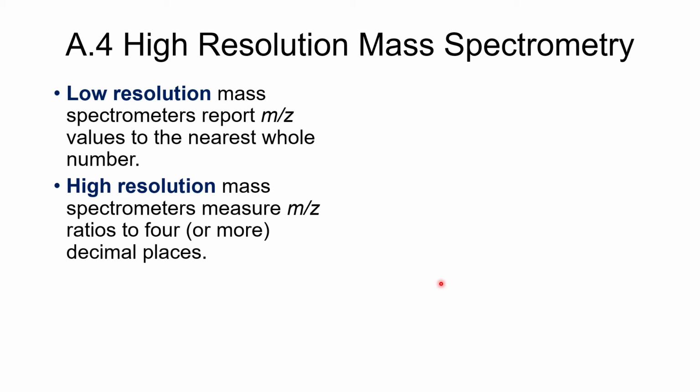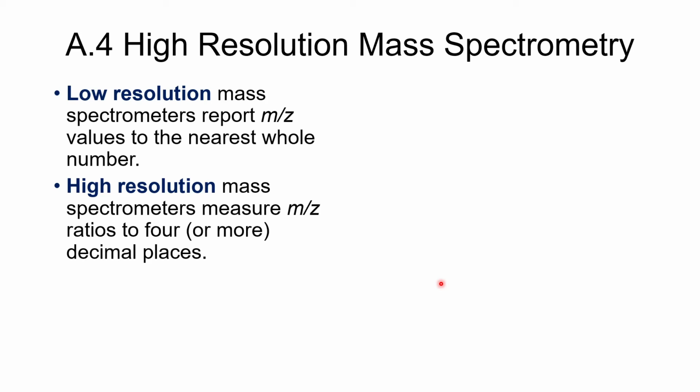It can go out to 4 digits, which is a common one used for organic high res, although there are some that go out to 6 or 7 digits. And here's the thing. These high-res mass specs cost a lot more money than the regular mass spec.